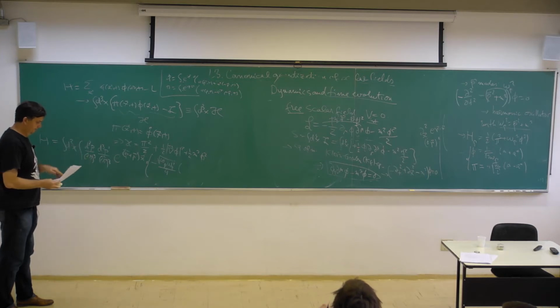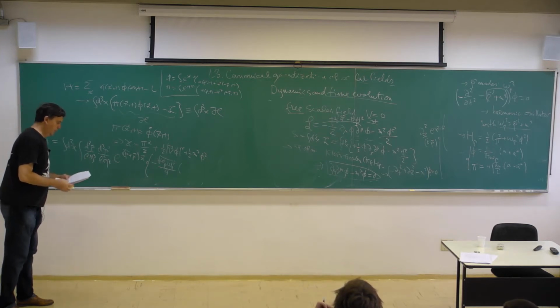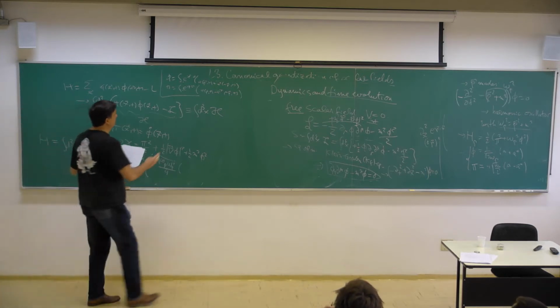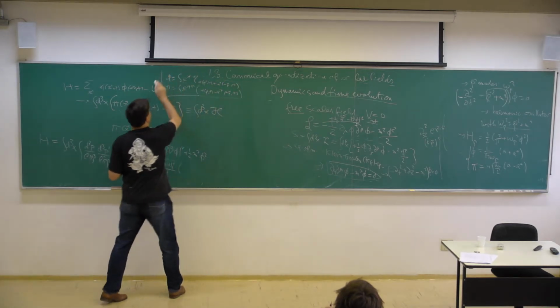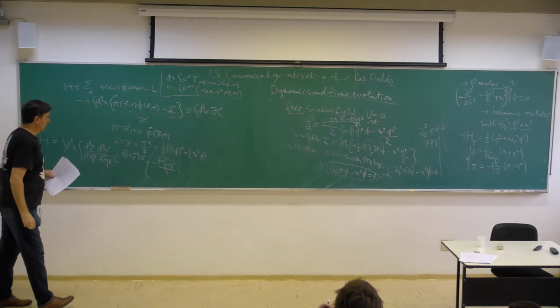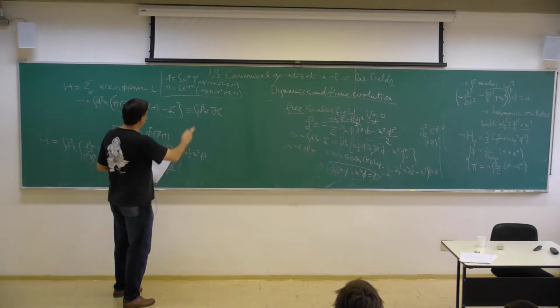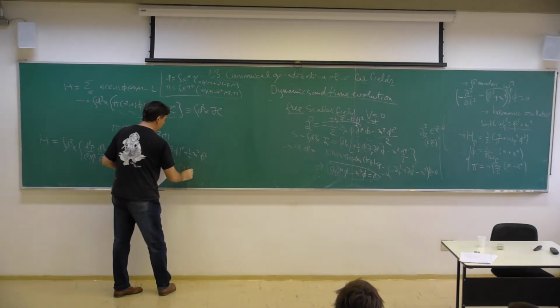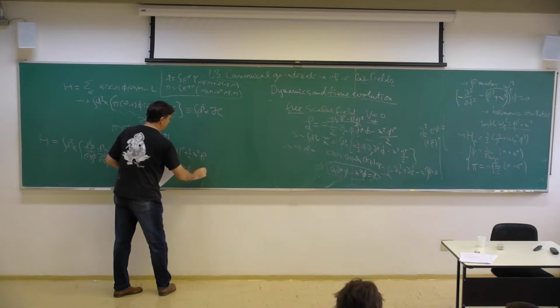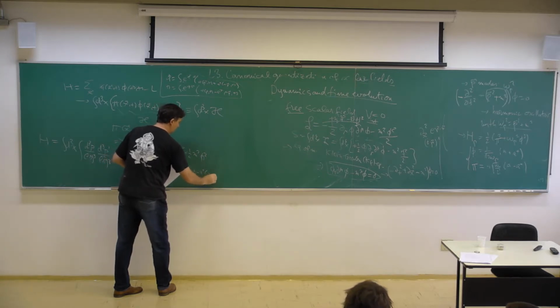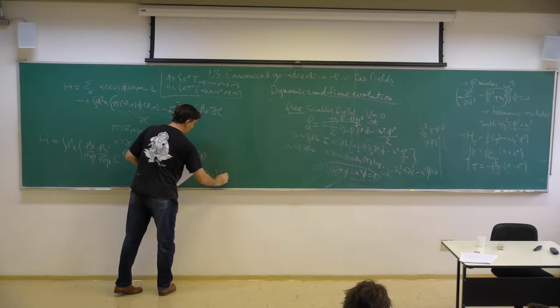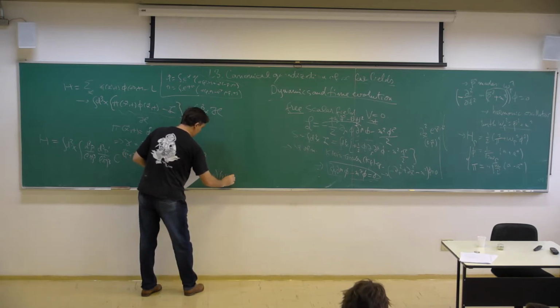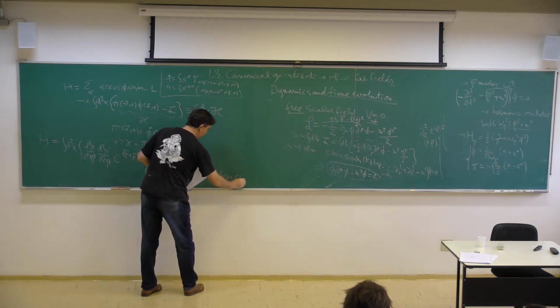Okay. All right, so from pi squared I get a of p t minus a dagger of minus p t, times a of p prime t minus a dagger of minus p prime t.